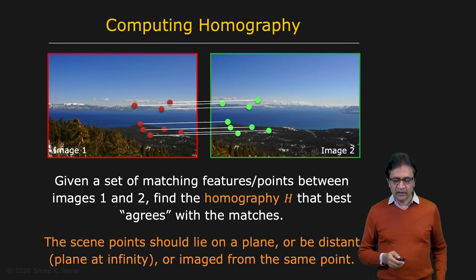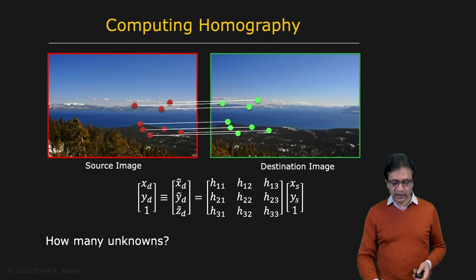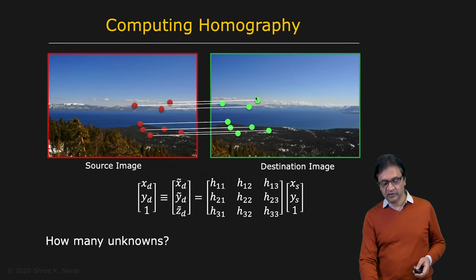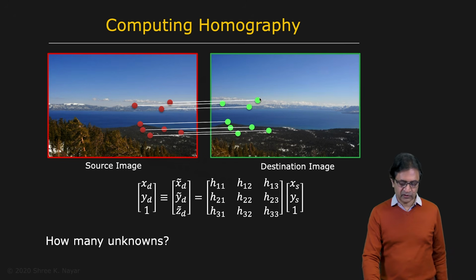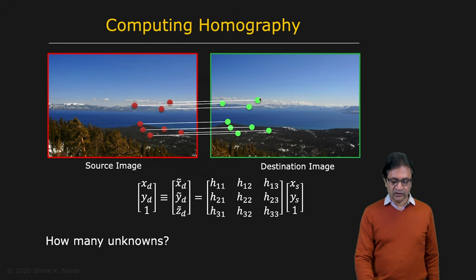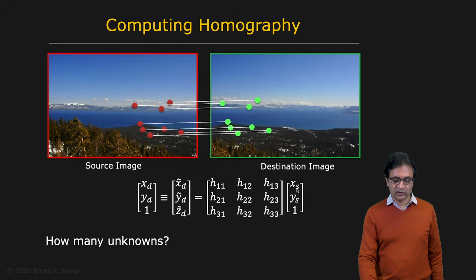So now let's talk about computing the homography. So here is a point in, we'll call this the source image, and this is your destination image. So after we compute the homography, we might imagine that the source image gets warped to the destination image, or its coordinate frame. So here you have a point in your source image, xs, ys, 1.